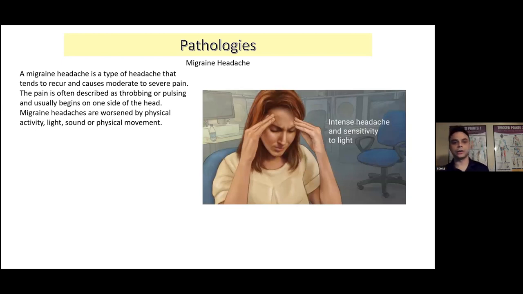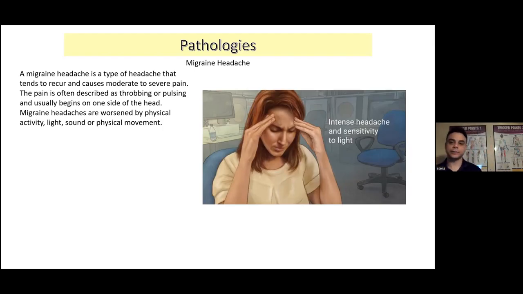Migraine headaches, though, are quite the opposite. Migraine headaches are typically caused by lots of other things. Sometimes they can be hereditary. Some people just have a predisposition to get migraine headaches. And a lot of people who have chronic migraine headaches usually have a neurologist they see, and a medication they take, and so on and so forth.